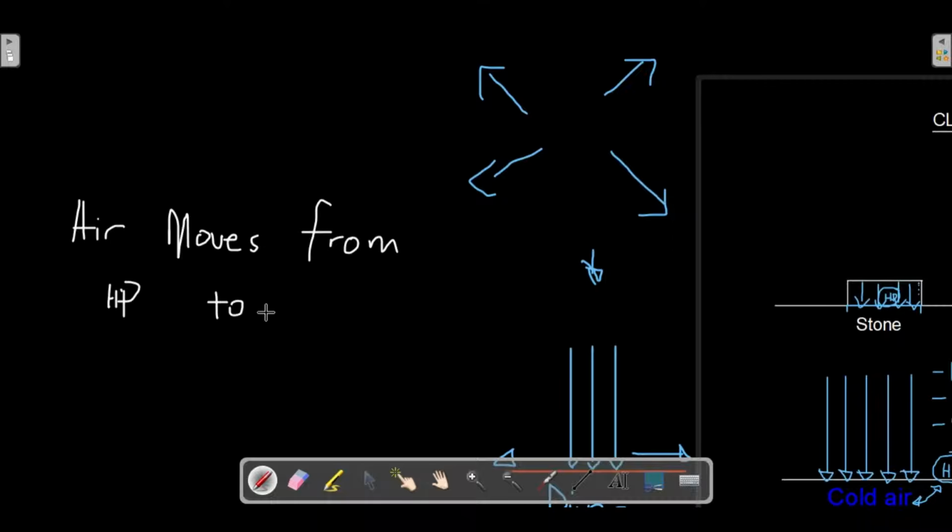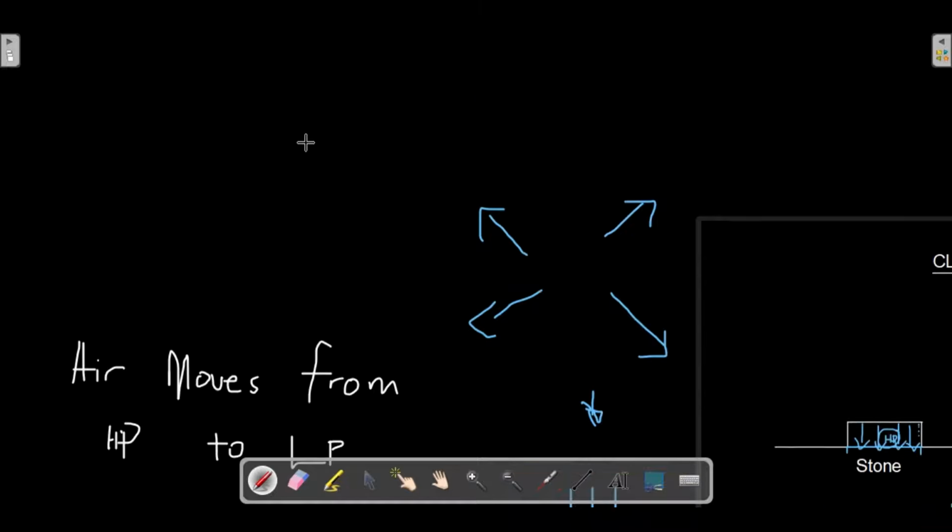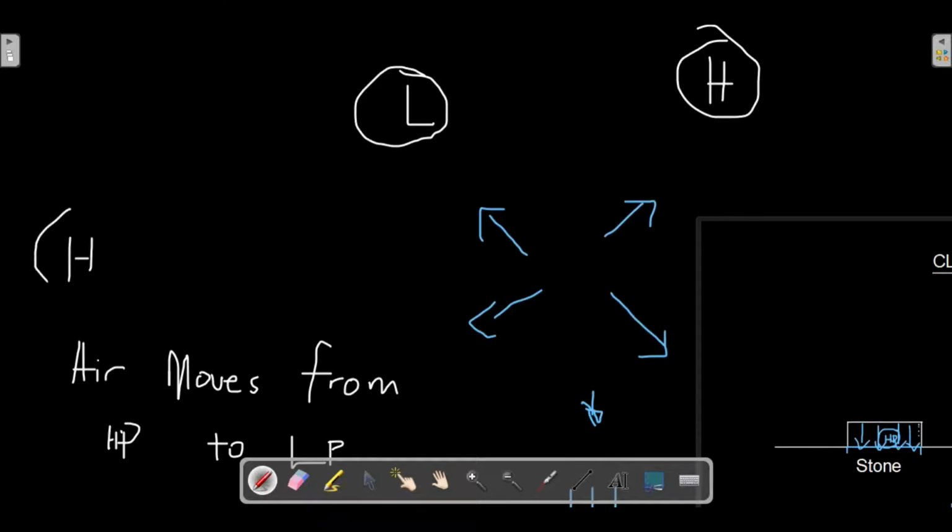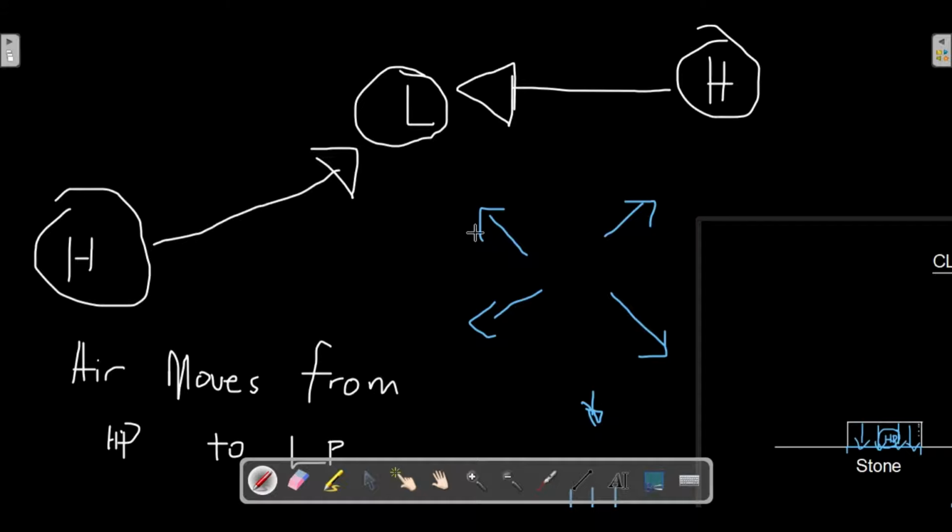So if there's an area of low pressure there and an area of high pressure there, then of course air will move from here towards there. It's always looking for the lowest pressure that it can find. If you are standing somewhere here, you will feel moving air, which we call wind. Wind is just moving air.